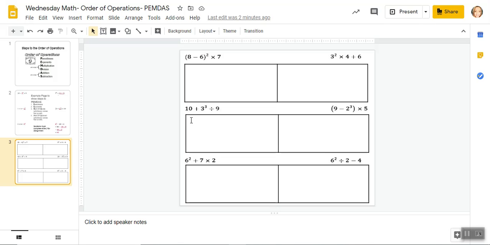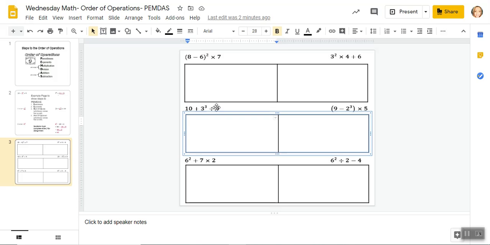And then you'd bring it all down, 10 plus 3, and you'd figure that out, okay? So you can write down your steps right in here. First thing you would do is bring it down. So you'd have 10 plus 27 divided by 9. That little slash is kind of like a fraction bar, but it's also like a dividing bar.